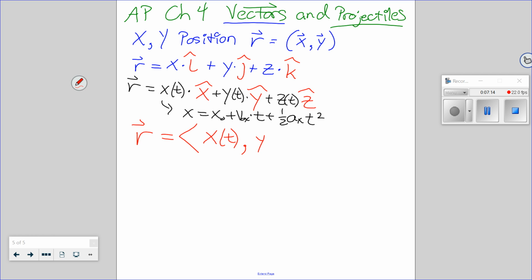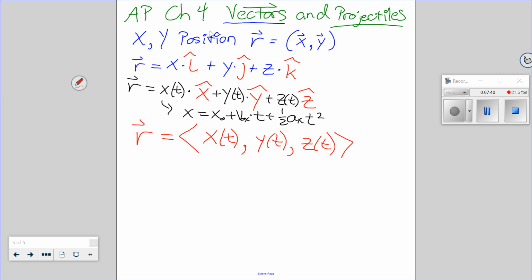Y of t, z of t. Just put brackets on them with commas in between, because then you're clearly listing things in different categories, and they definitely don't add together. Okay, they don't multiply together. They're different directions, and I think that's a better system for keeping them separate all the time.